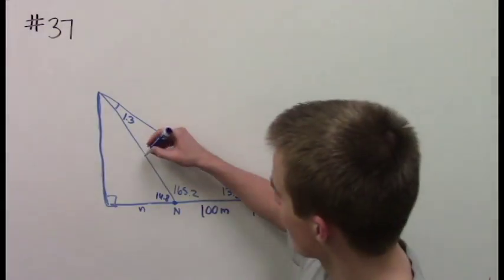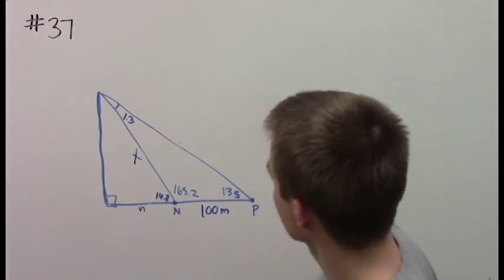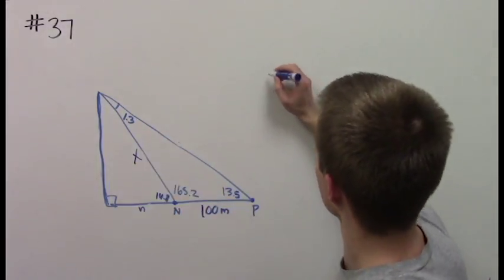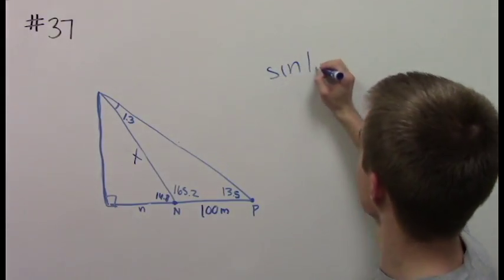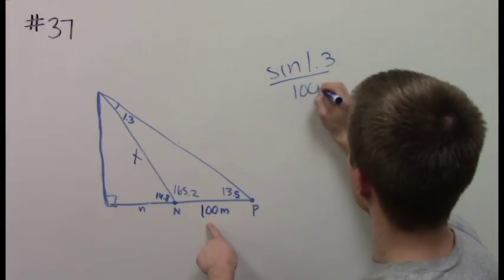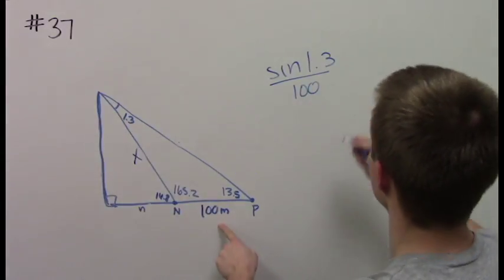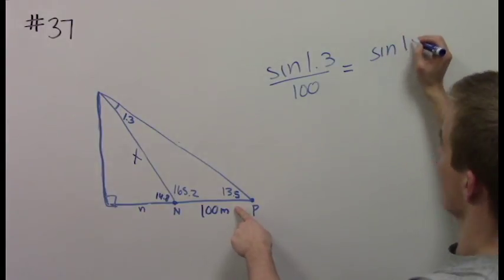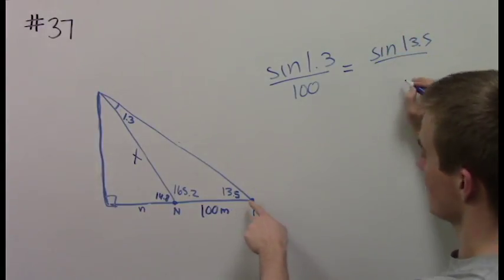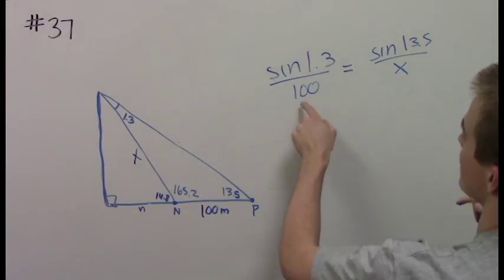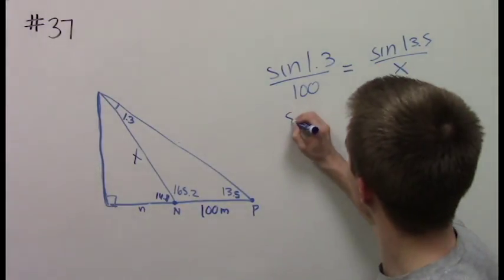Next thing we can do is we can calculate this length. We'll make it x. What we're going to do is we're going to write the sine of 1.3 over this length, 100. Its opposite length from the angle is equal to the sine of 13.5 over its opposite length, x. Now all we do is multiply that side by x and that side by 100.